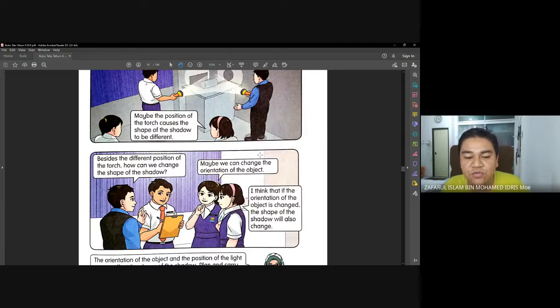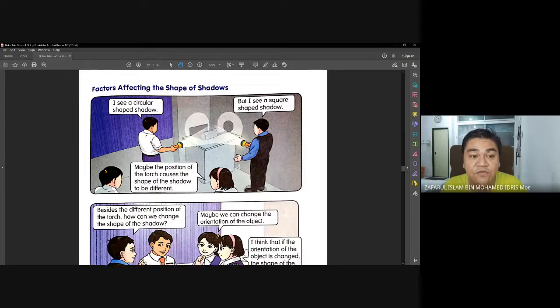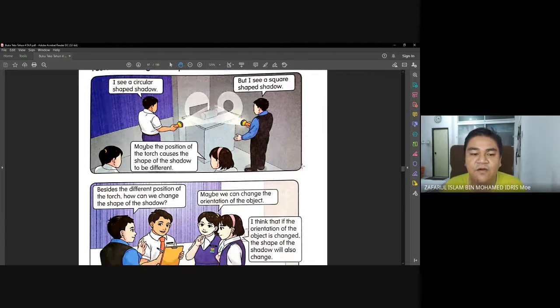So again, there are two factors that affect the shape of the shadow. The first one, the position of the light source. Kedudukan sumber cahaya. And then the second one, kedudukan atau orientasi objek tu.